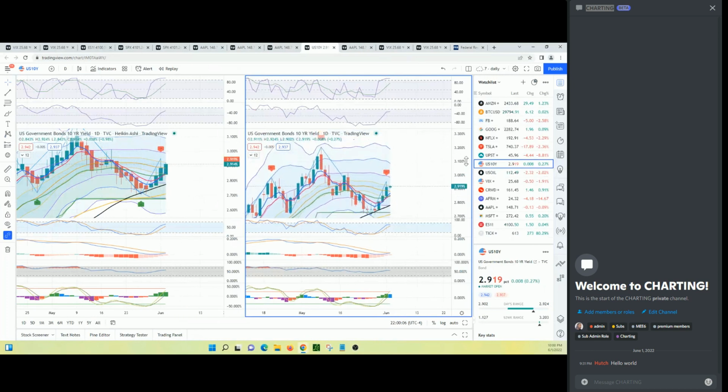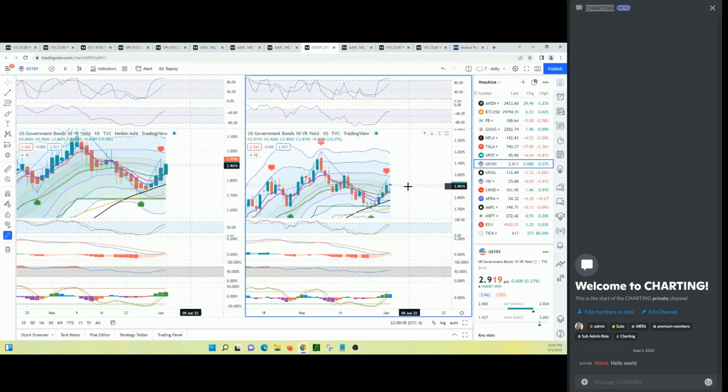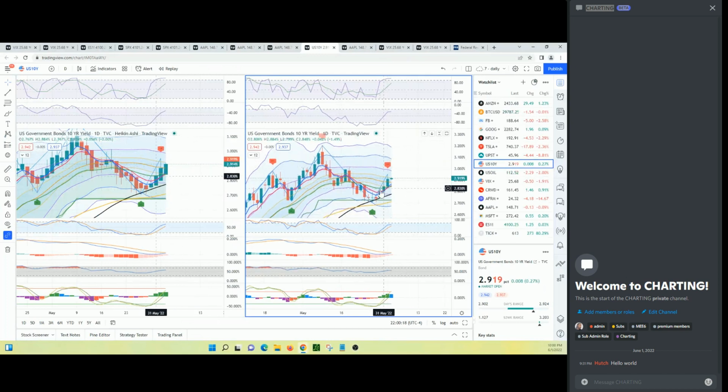My understanding is that it will. The 50 bips, I don't know why it is unable to sustain that 3% threshold. I don't really understand that part, but it is bouncing off of good levels here. So I'm thinking that it's going to go up to at least 2.98 to push into 3 here.